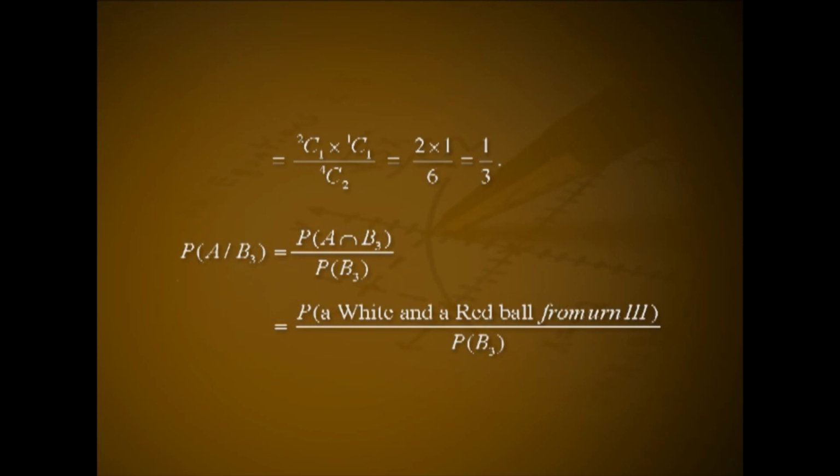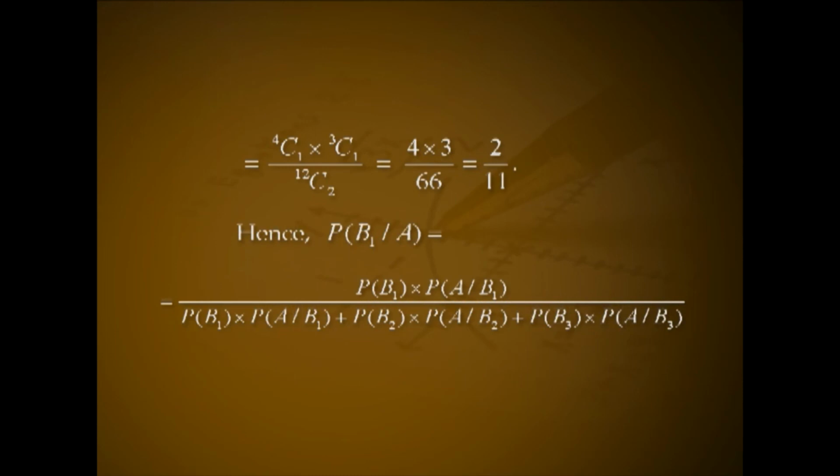P of A given B3 equals P of A intersection B3 divided by P of B3. That is probability of a white and a red ball from urn 3 divided by P of B3. That is equal to 4C1 into 3C1 divided by 12C2, that is 4 into 3 divided by 66, that is 2 divided by 11.